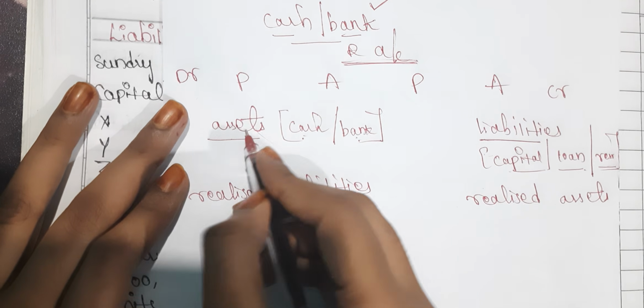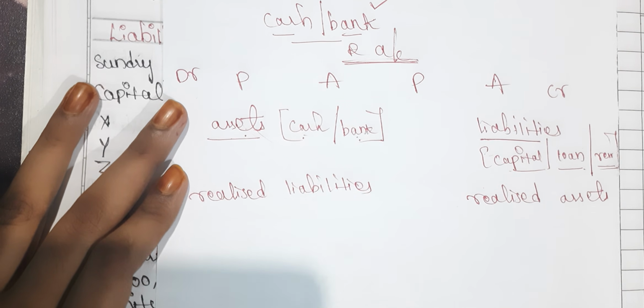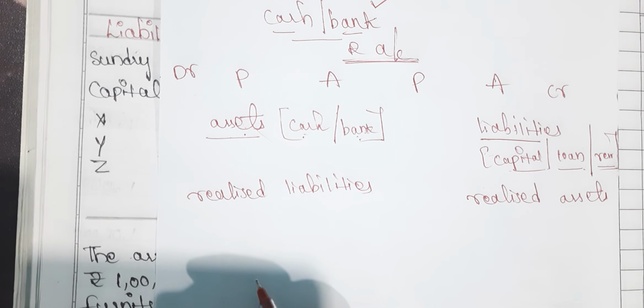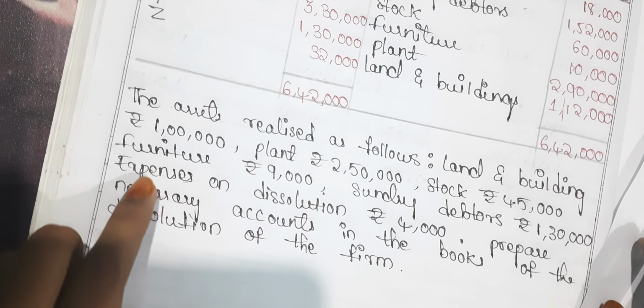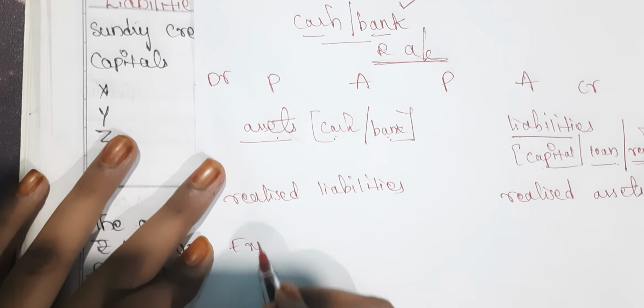Opposite, okay: assets, liabilities; assets realized here, liabilities realized here. Getting my point? Now if you find any expenses, you need to take those expenses on the debit side.